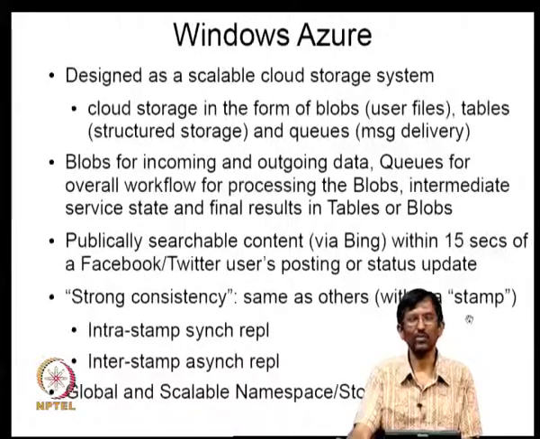And the name which Windows Azure gives is stamp. A stamp is basically one thing which is all available in a single place. It's not essentially multiple racks. A stamp might have something like a few tens of terabytes of data in one single place. So they provide strong consistency within a stamp, and across stamps they usually don't provide it.